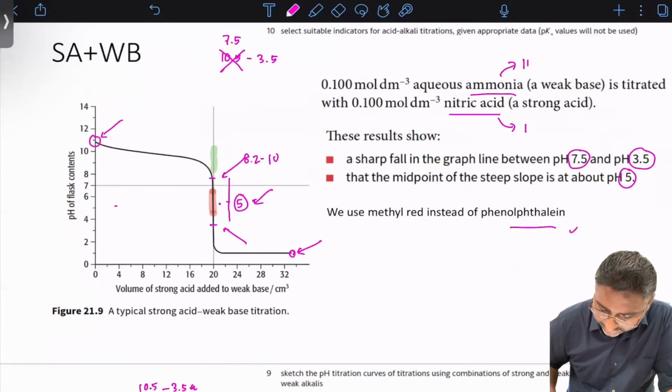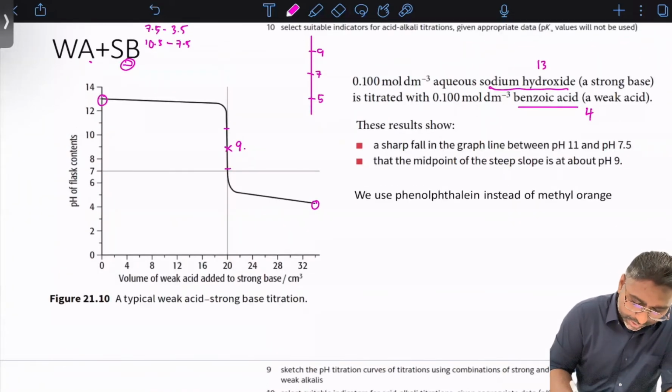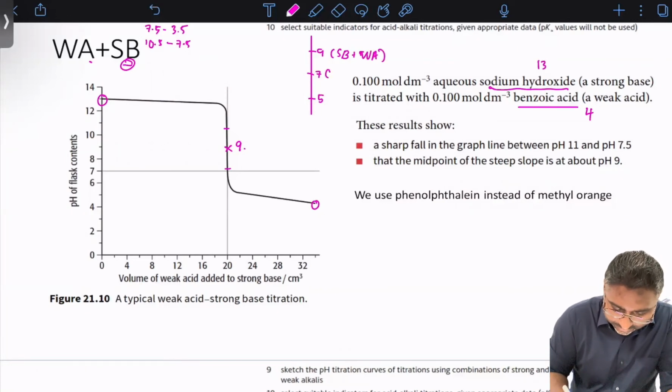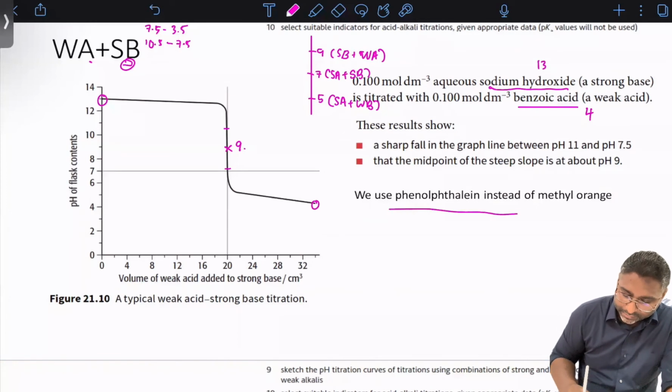So maybe something that can help you to memorize: this is the midpoint for strong base and weak acid, this is strong acid, strong base, and this is strong acid, weak base. And the numbers I told you to memorize and so on. But anyway, let's see what you use.